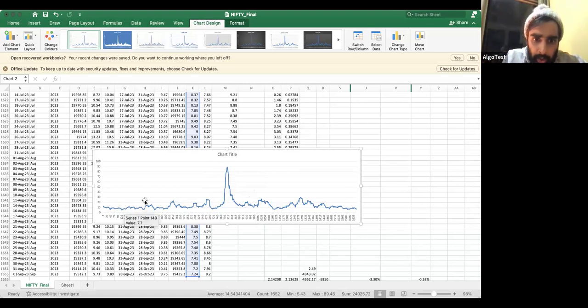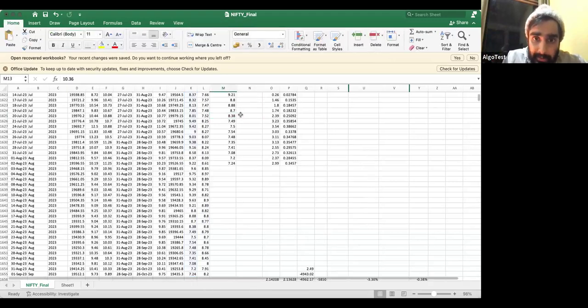Whenever there is a crazy market event, realized volatility spikes. In other places, whenever there is some kind of a crazy move in the market, not as crazy as COVID, whenever there is a new market event, there is a spike in realized volatility. Now, let me also plot implied volatilities.